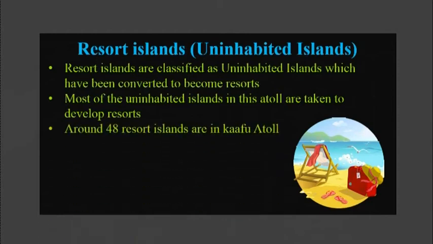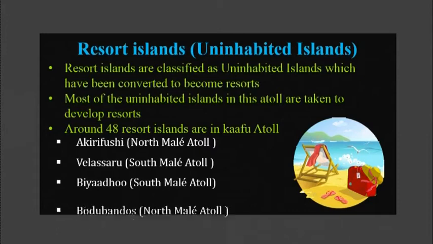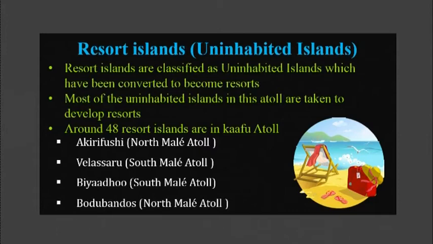Around 48 resort islands are in Kaf Atoll. For example, Akirifushi, which is in North Malay Atoll, Velasar, which is in South Malay Atoll, and Biado is in South Malay Atoll. And last but not least, Bodbandos, which is also in North Malay Atoll.